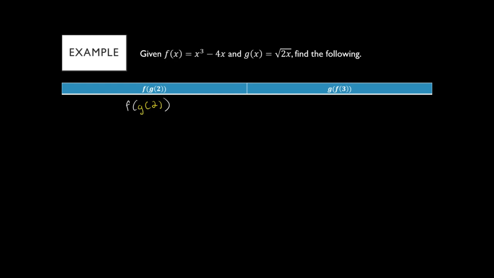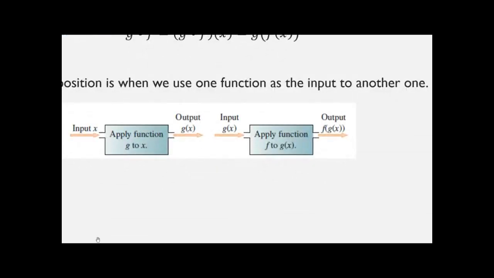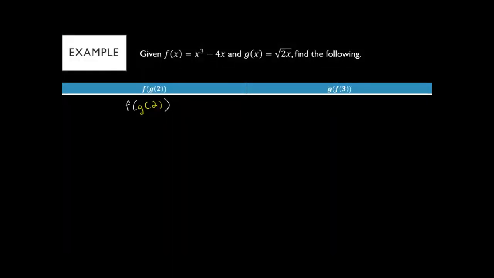And so we take our function. Oh, what was the last bit of the diagram on the last slide? Yeah, f of g of x. I can, if I find my mouse, zoom in there. Yeah, so we're taking one function, putting it inside the other. So we've got f of g of 2.